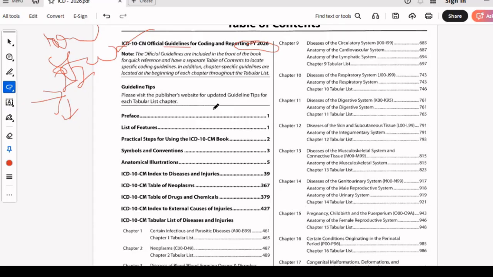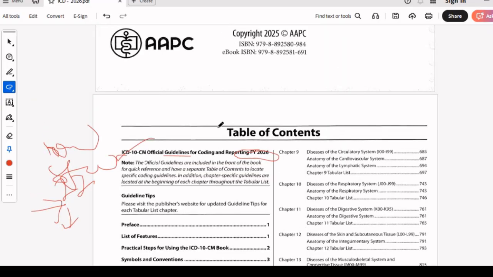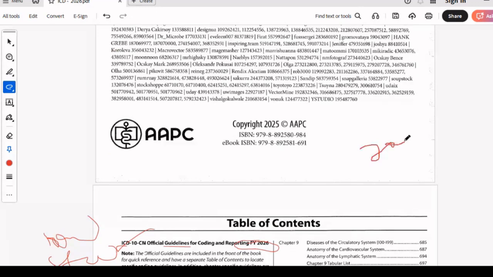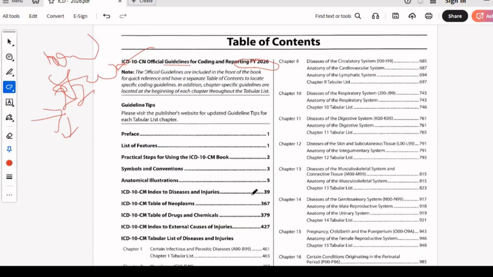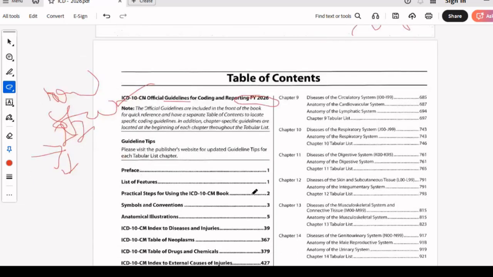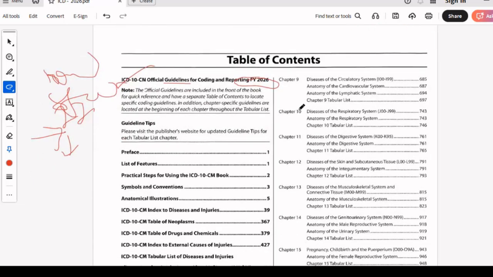That is the reason why 25 and 26, meaning 2025 to 2026, are considered together. Whatever updates and deletes AAPC wants to make, they make all those changes in the month of October every year. That is the reason why these ICD-10-CM guidelines are used from the month of January.